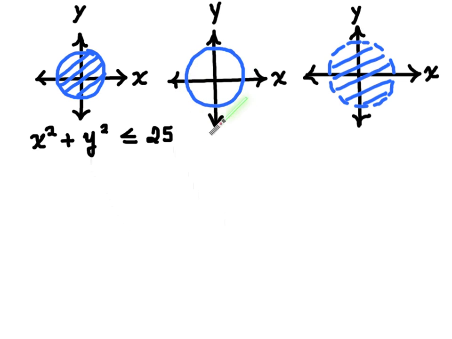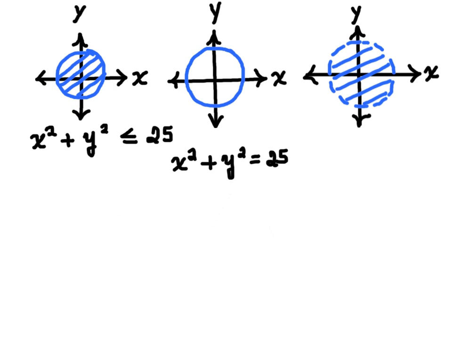In our second graph here, we have the graph x squared plus y squared is equal to 25. And in this second case, our graph consists only of the boundary of the circle. Whereas in our first graph, because it's less than or equal to, it includes the boundary of the circle as well as all points within the circular region.